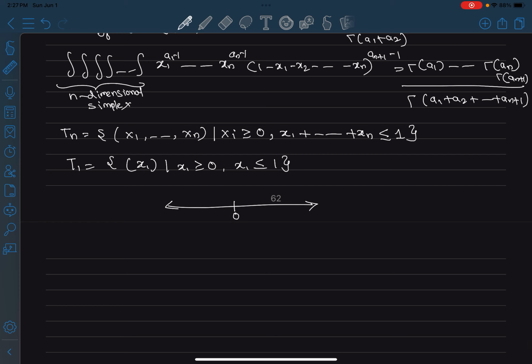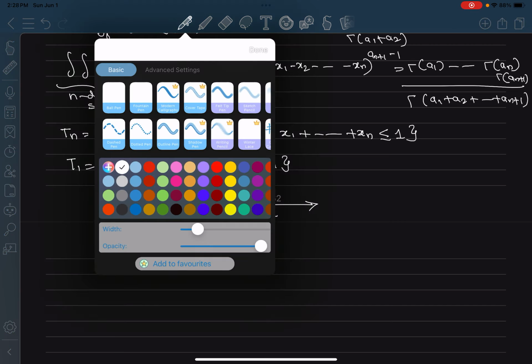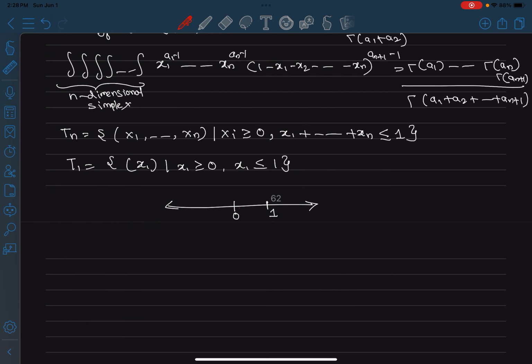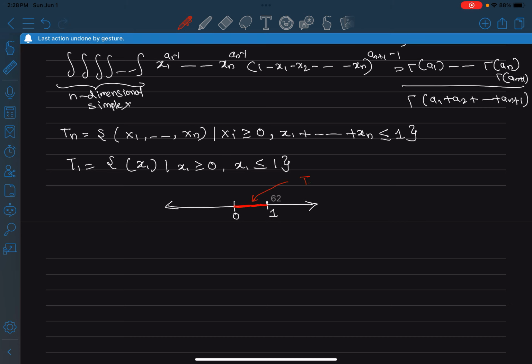So all the set of points x1 such that x1 is greater than or equal to 0 but less than or equal to 1. That includes all the points between 0 and 1, because all of them satisfy being greater than 0 and less than or equal to 1. So this red region is basically our domain T1.